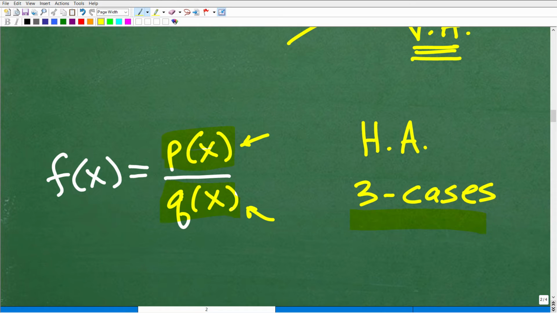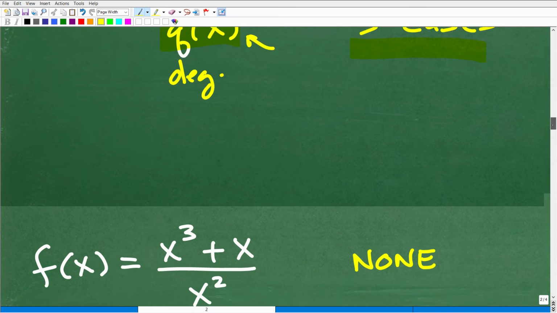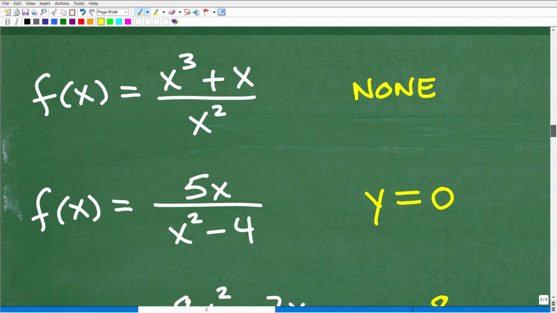We're looking for the highest power, or the degree, and that's going to tell us what type of horizontal asymptote we have. It's just easier to understand what I'm saying by looking at an example. So let's take a look at three examples here.